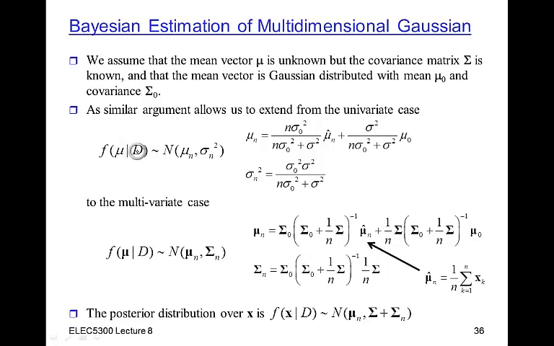the posterior distribution is just a mix between the prior mean, right, mu 0, and the maximum likelihood estimate. And these mixing coefficients here should sum to 1. And that the standard deviation, or the variance of this distribution is just given by this term here.